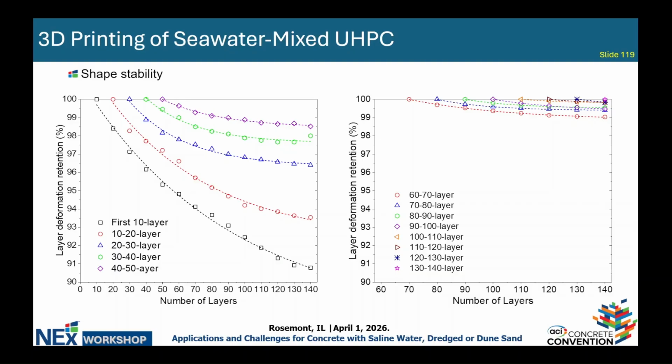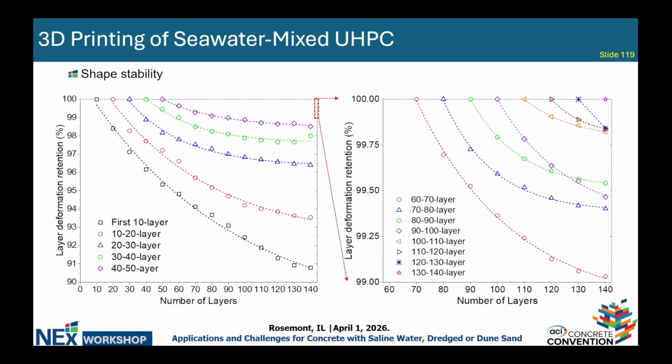You need to support the weight of these layers. But the good thing is, even the highest deformation is still below 10%. So the retention is about 91%, which is pretty promising. This is the fresh UHPC, not the hardened UHPC.